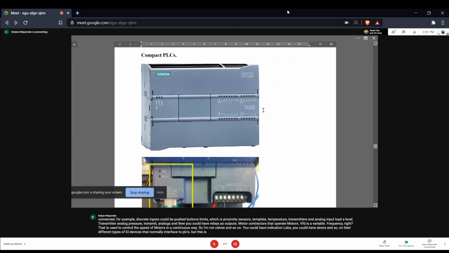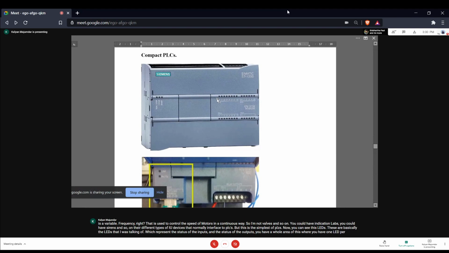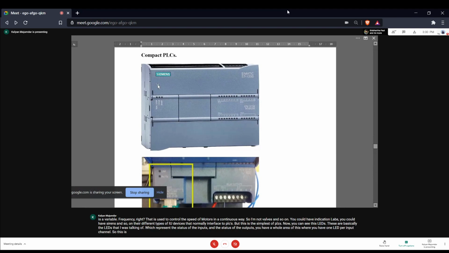So this is the simplest of PLCs. Now you can see these LEDs. These are basically the LEDs that I was talking of, which represent the status of the inputs and the status of the outputs. You have a whole array of these where you have one LED per input channel. This is what we have in your lab. It supports around, I think, 14 inputs and 10 outputs.